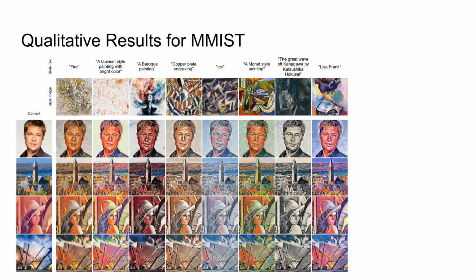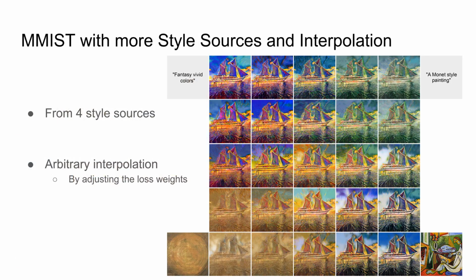We also show some qualitative MMIST results of our methods. Please see more high-resolution results in our paper and supplementary material. In addition, we show more examples of MMIST results from 4 style sources.